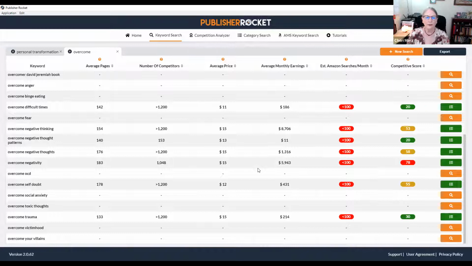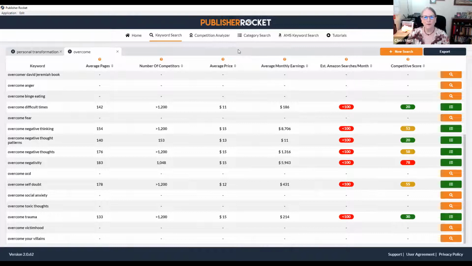And remember that you can always change your keywords. So I would keep this data on hand. Change your keywords now and again and see whether it offers you a better option at the time that you're searching this, because again, it changes daily.